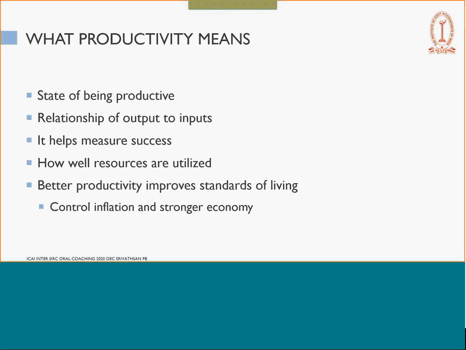Productivity is the relationship of output to input. Production is an absolute count. What is the production today? We produced 5,000 units. Productivity today: we should have produced 6,000 units, but we produced only 5,000. So we got 83.33%.